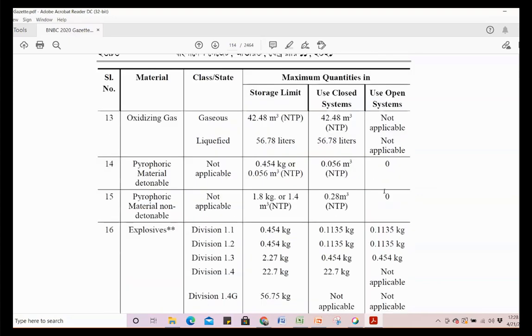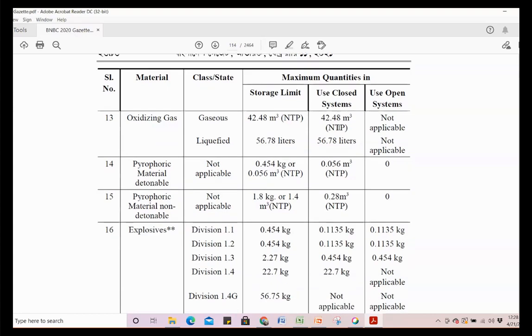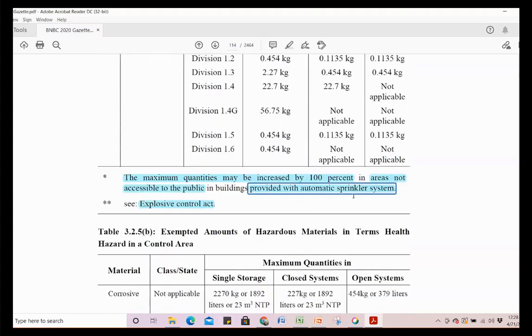So here is a quantity defined, but they can be increased 100% if the area is not publicly accessible and fitted with automatic sprinkler system.